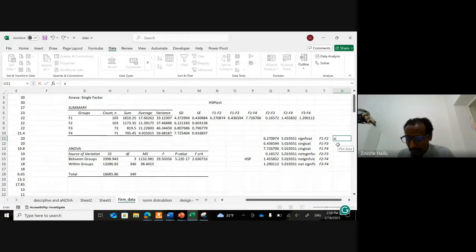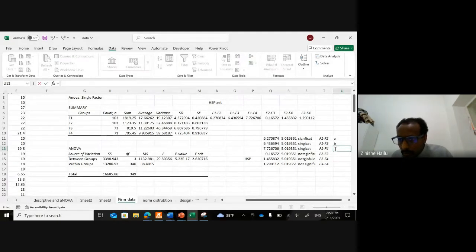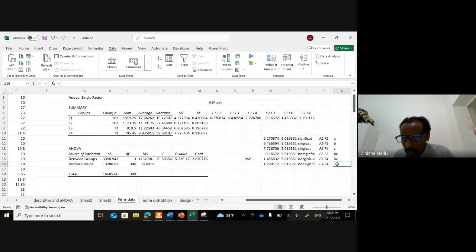This is A, like B, and then this is significant again, C. Okay, B, C, then B, C. Okay, A. F1 is significant with 2, F1 with 3, significant with 4, significant.